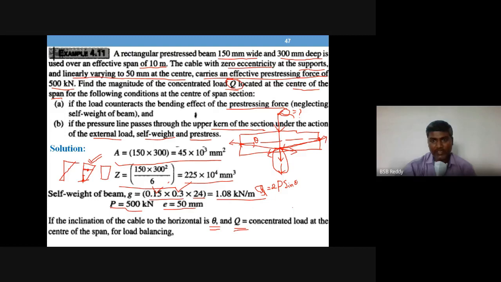Because when you write tan theta, it is like opposite side is E, divided by the adjacent span, which is L by 2. Okay, this is L by 2, this is E by L by 2. Okay, so that is what is written here.